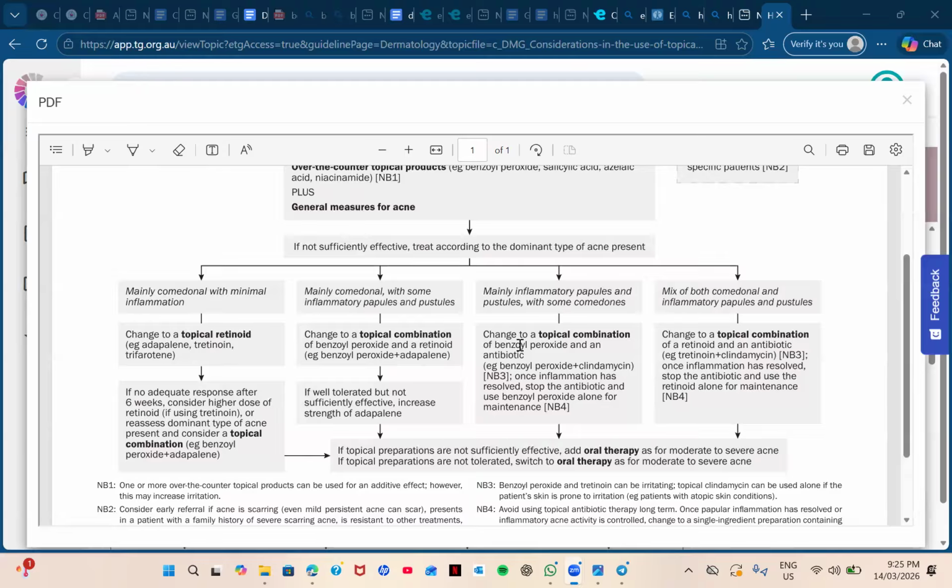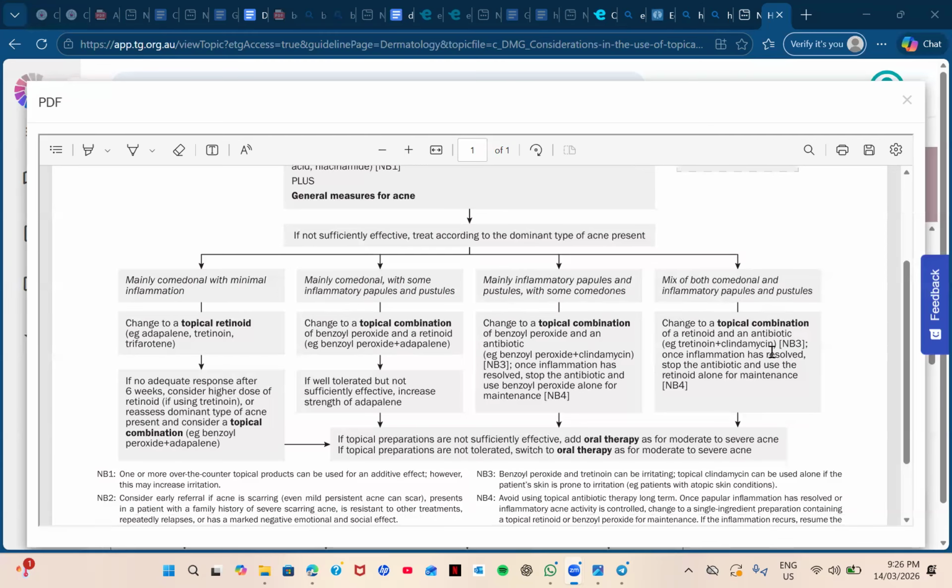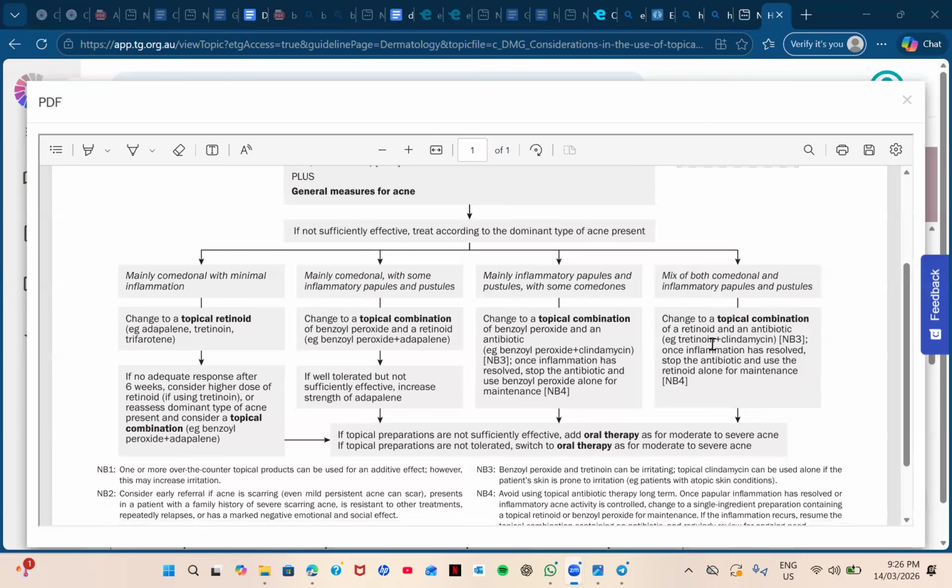Here it is mainly comedonal, but here it is mainly inflammatory papules and pustules. So we have to add antibiotics as well, right? Then with a mix of both comedonal and inflammatory papules and pustules, change to a topical combination of retinoid and antibiotic. Retinoid with clindamycin, right?